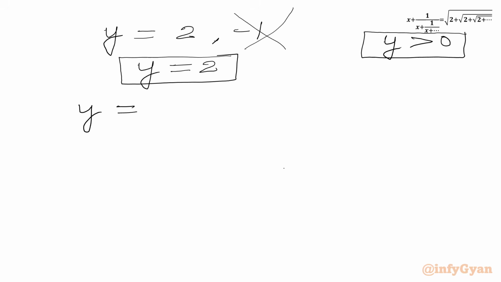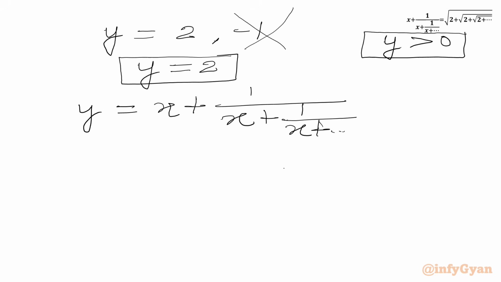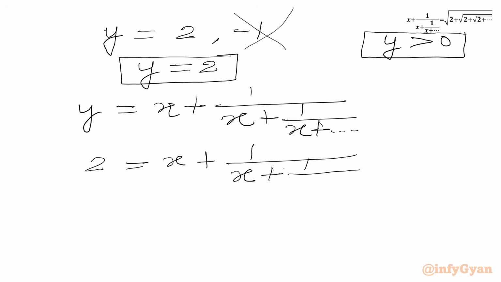It is y equal to x plus 1 over x plus 1 over x plus up to infinity. Now we will put y equal to 2. So 2 will be equal to x plus 1 over x plus 1 over x plus up to infinity.